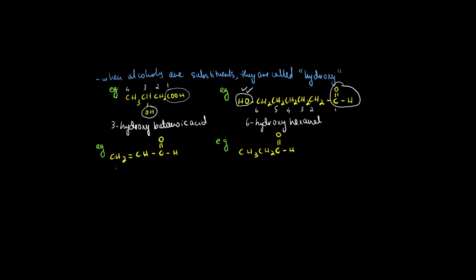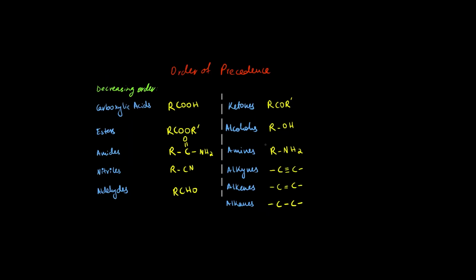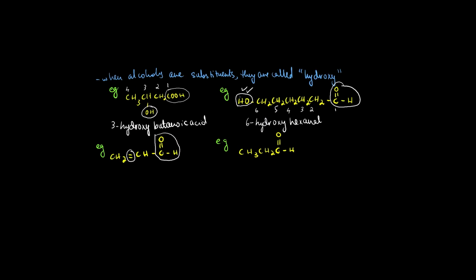Now the third example, we have a carbon double bond carbon which shows an alkene group, and we have an aldehyde group. So now let's look back at the order of precedence series. Aldehydes hold precedence over alkenes, therefore the numbering should be done from the right hand side. 1, 2, 3.